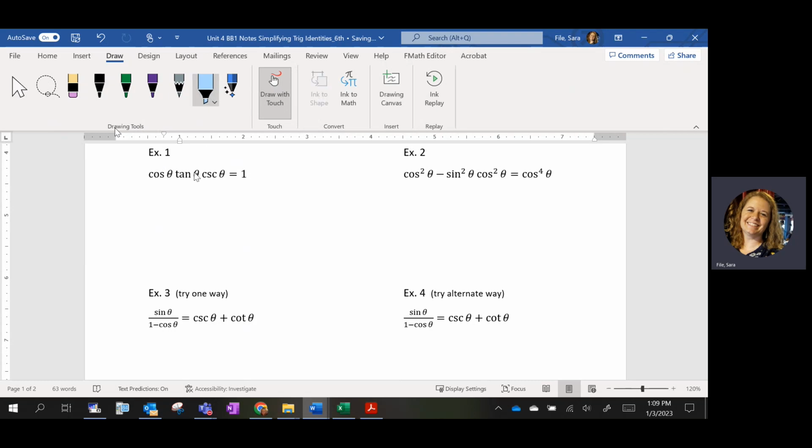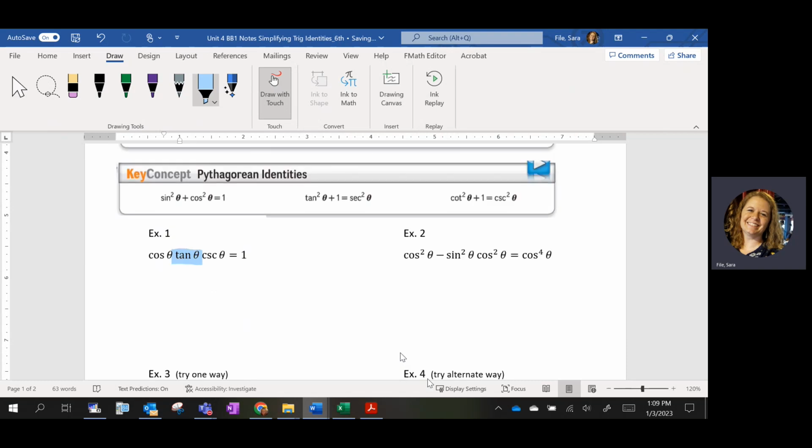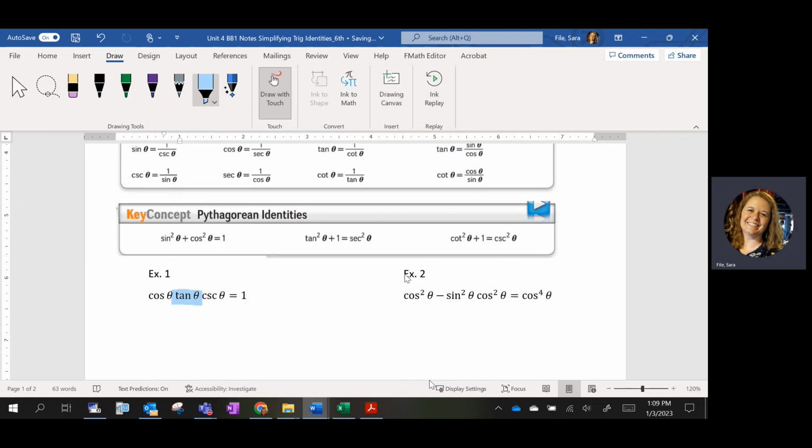Okay, is there something we could use? Is there a trig identity that we could replace tangent with that would put it in terms of sine or cosine? Look at those key concept boxes above. This one puts tangent squared and secant squared together. That wouldn't be helpful.